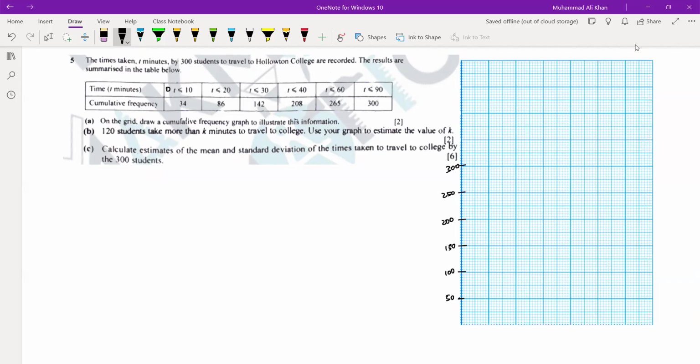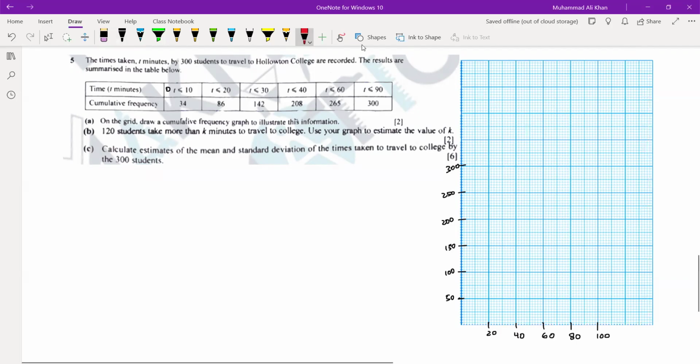Now, here in the x-axis, we are making like 20, 40, 60, 80, and 100.